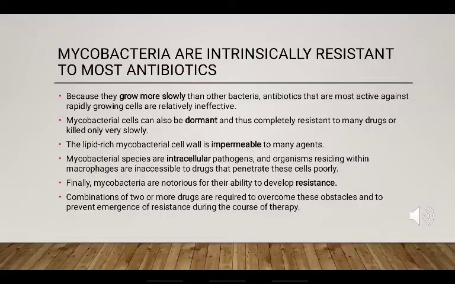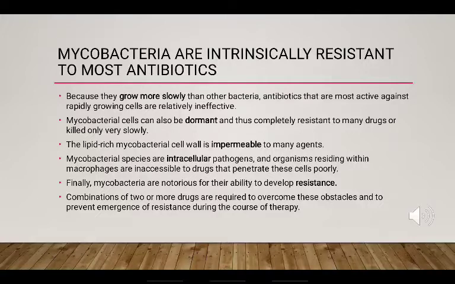بعد they have thick، خلينا نقول الميكوبacterial wall, cell wall is very lipid rich, which is impermeable to many drugs. So drugs cannot cross, ordinary drugs cannot cross the cell wall.